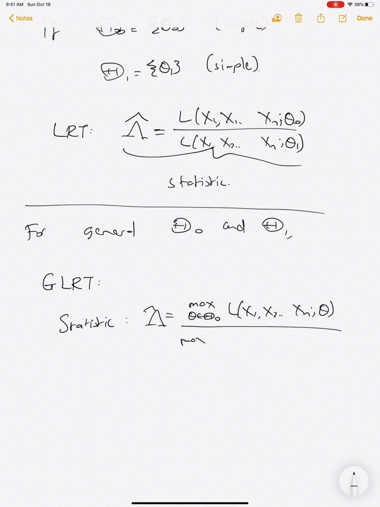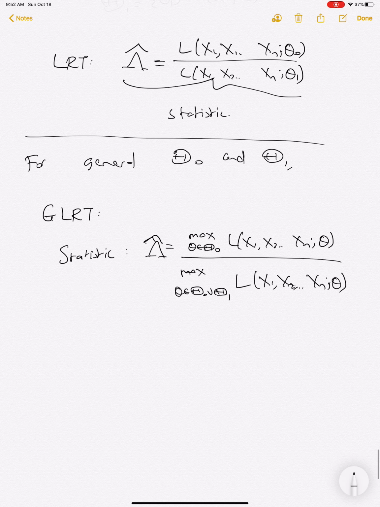And then for convenience and convention, it's going to be easier to write theta as in the union of theta 0 and theta 1. We'll see why that's kind of useful shortly. It doesn't really change the calculations too much. So gamma hat is equal to the statistic where we're actually maximizing over the combination of theta 0 and theta 1.